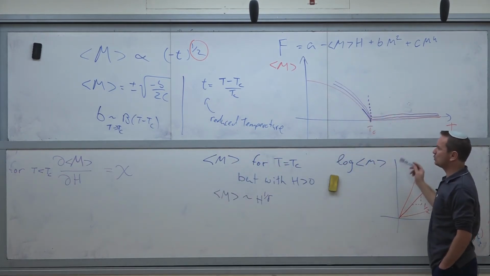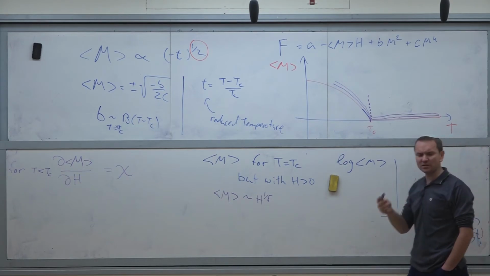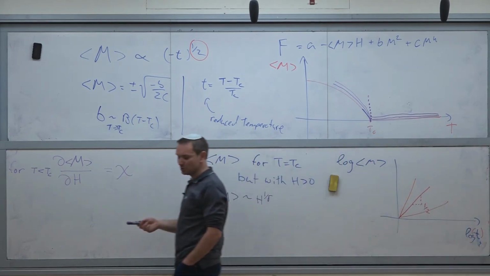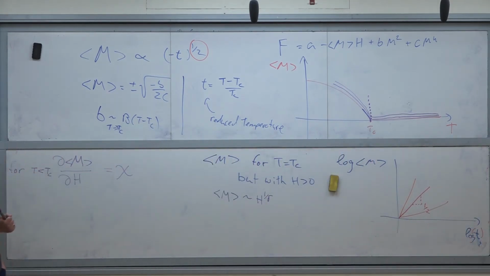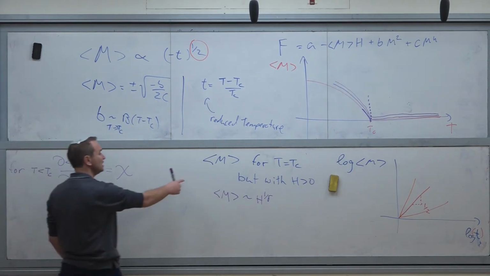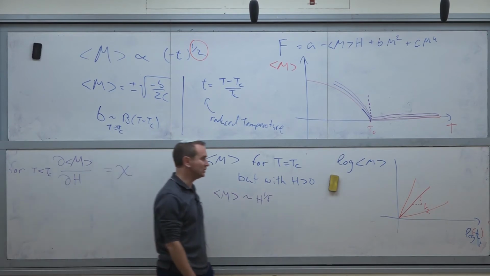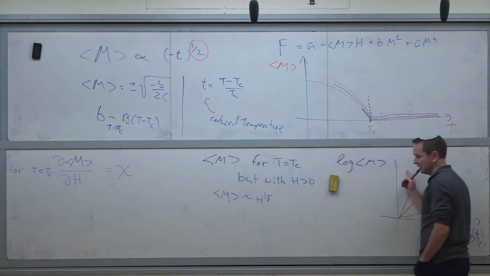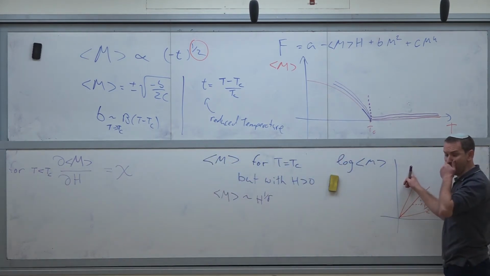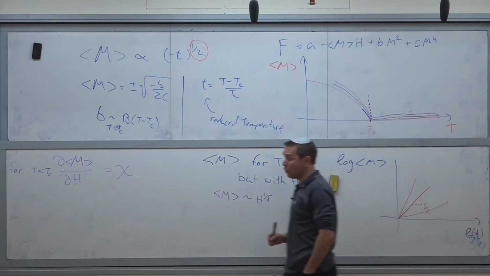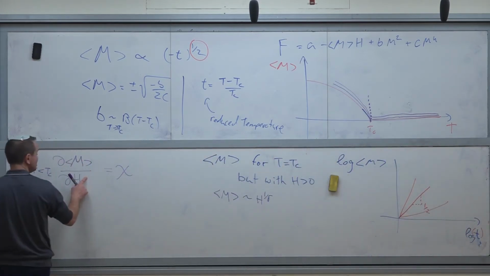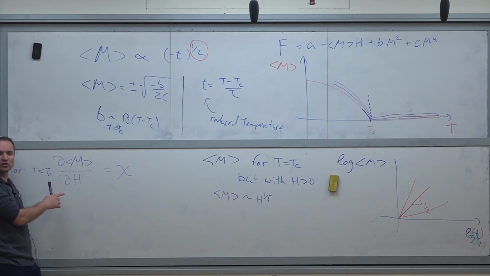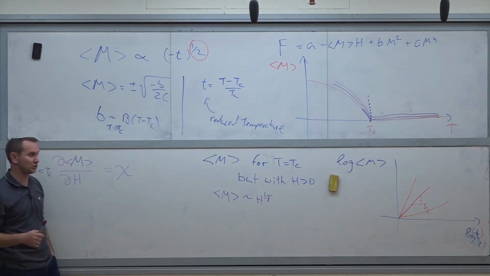Why exactly those exponents? Because those are actually easily measurable quantities. We can apply an external field, we can increase it, and we can measure magnetization. We can make the external field equal to 0 and measure magnetization, or we can measure the rate of change of the magnetization as we apply the external field for different temperatures.